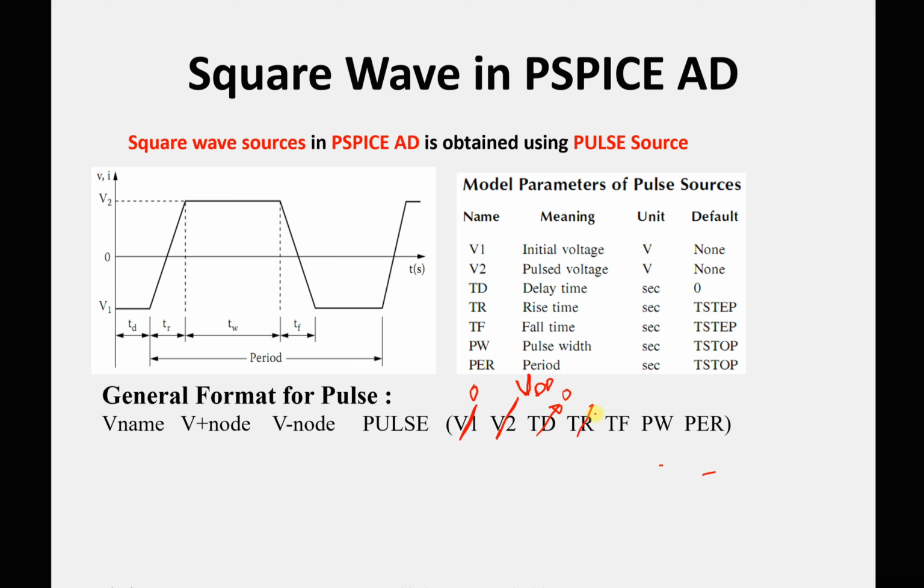We'll set T rise and T fall as the default, 1 femto, 1 femto. For the pulse width, it will be half the period. It was given that the period is equal to 1 micro, so the pulse width will be 0.5 micro, while the period will be 1 micro.